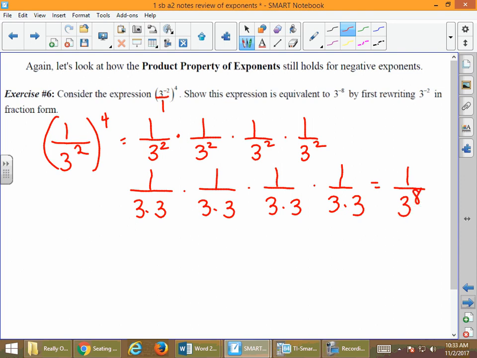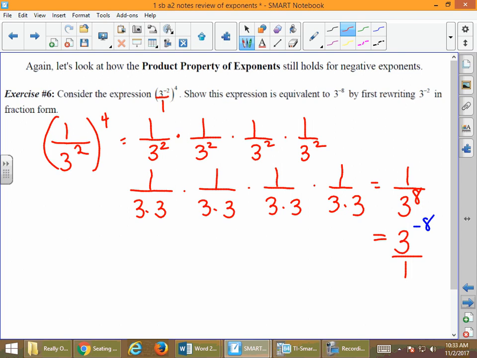Notice that 3 to the 8th is still on the bottom of the fraction. But if we want to compare here, it says show that this expression is equivalent to 3 to the negative 8. Remember, we can flip this and change the sign on the exponent. So this would become 3 to the negative 8 over 1, if we flipped it and changed the sign on the exponent.